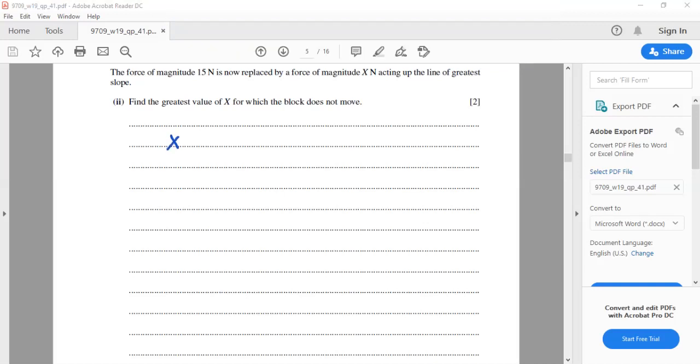So X is going to be 30 sine 60 plus the frictional component, which was 11. If you add both of them, you get X equals 37.